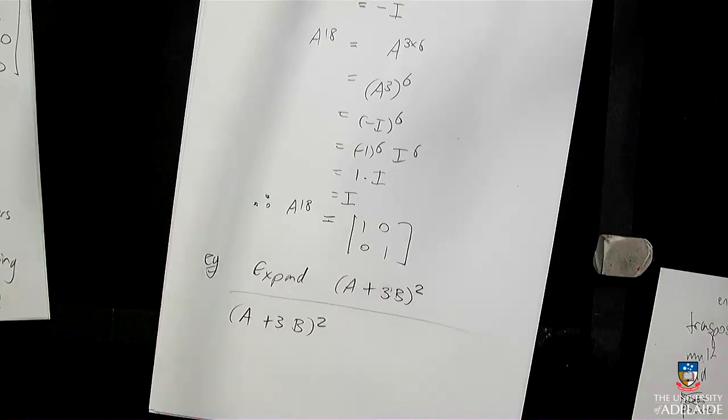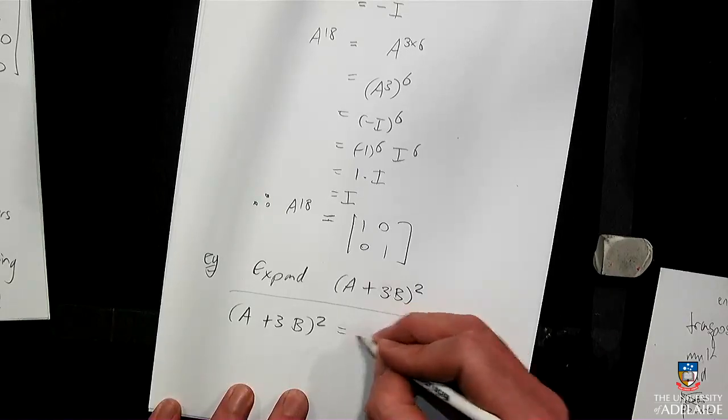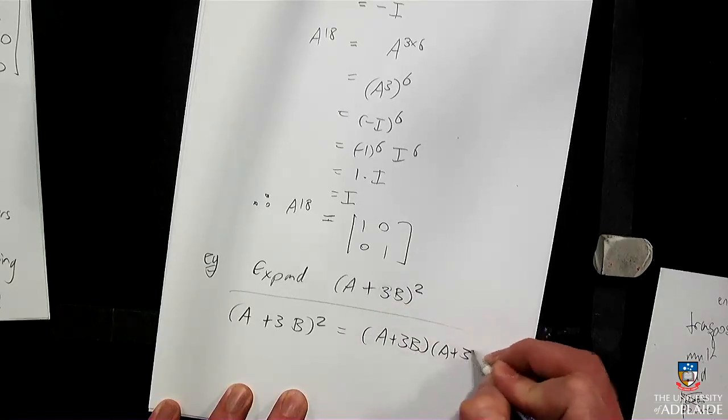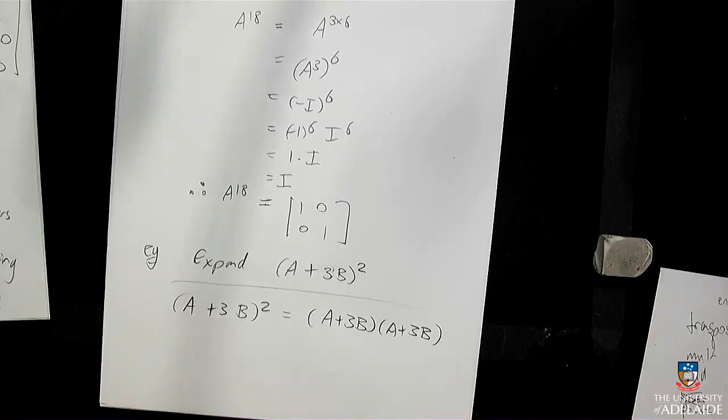So A plus 3B squared, there's no rule for how powers interact with addition with matrices when the addition's down below in the base. And so I'm going to have to just use the definition of what squared means for matrices. And for matrices, squared means this. Okay?